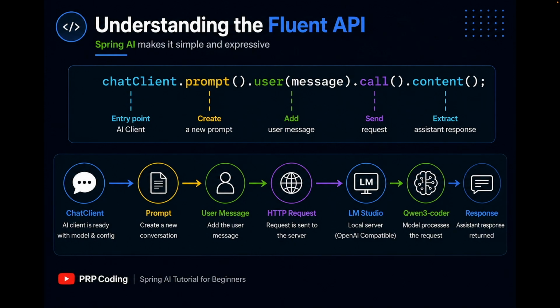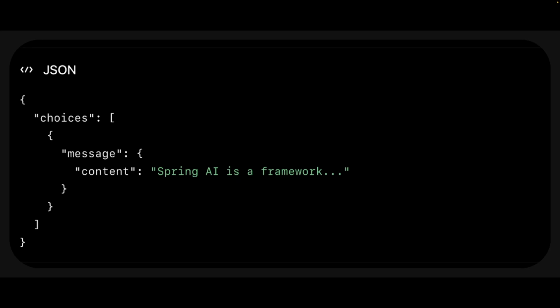So when you call the content function, you are telling Spring AI, hey, I only want the assistant's text. So if the response is like this, Spring AI extracts only the message content and returns it as a simple Java string.